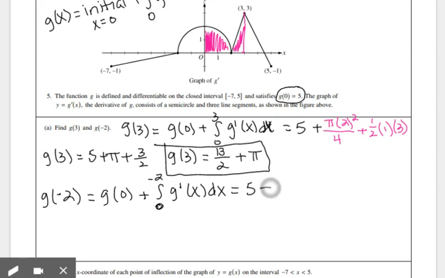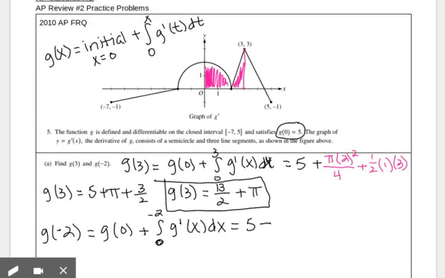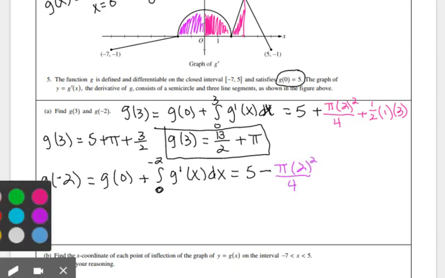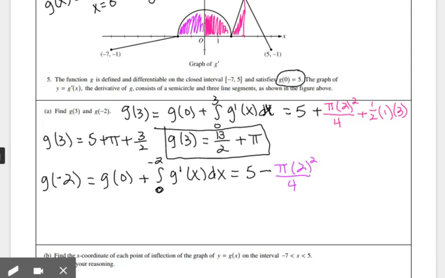So that's going to be a negative area, which means I'm going to make it 5 minus the integral from 0 to -2. So that means we're looking at this quarter of a circle right there. So that's going to again be pi times 2 squared over 4. And so when we simplify everything down, we get that g of -2 is equal to 5 minus pi.